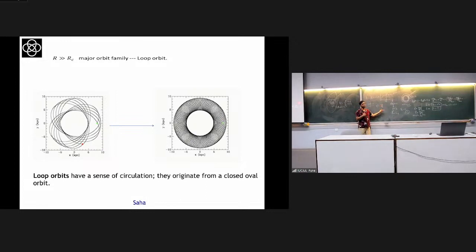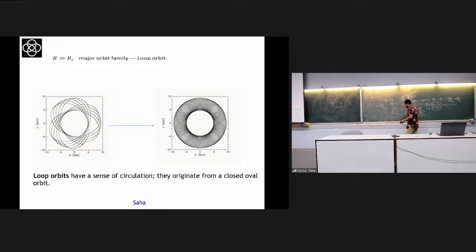Del phi by del r is like a force, the gradient of the potential, to be calculated at r naught in the plane of the galaxy. Right? So if you have a log r potential, you can plug it in and you will get a constant. Clear, everyone? Fine.